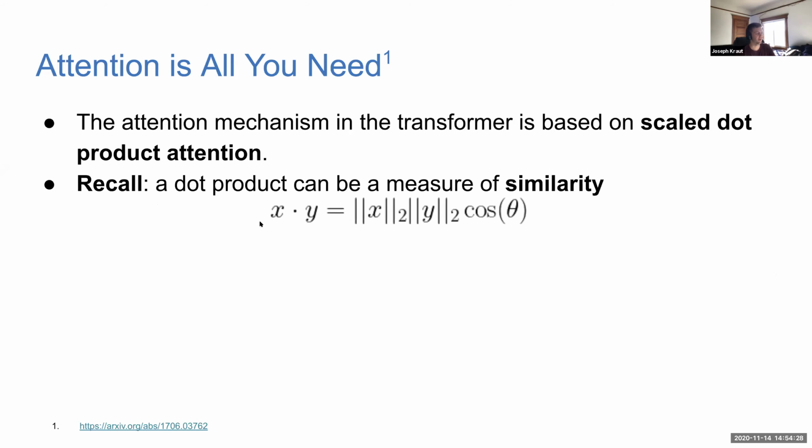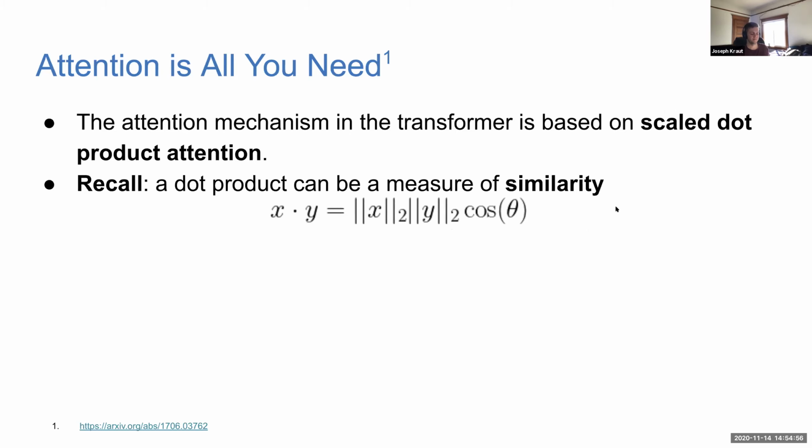So I have written out the dot product of two vectors here. This is one definition for it. The dot product of x and y is equal to the magnitude of x and the magnitude of y multiplied by the cosine of the angle between them. Let's just assume for now that x and y are unit length, so their magnitudes are 1. Then really the dot product is just the cosine of the angle between them.